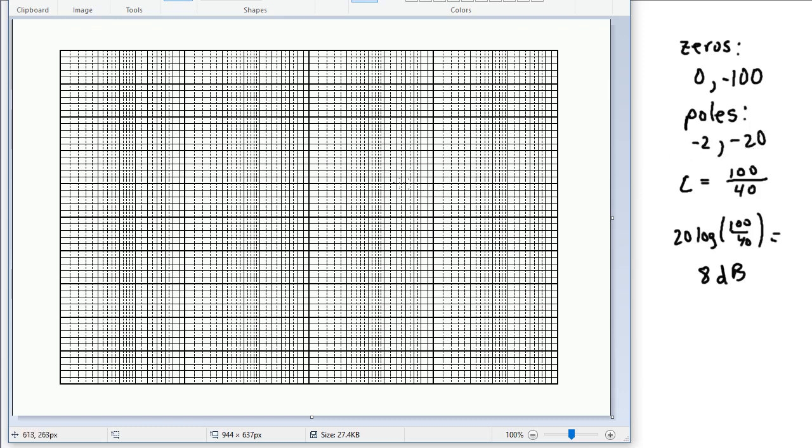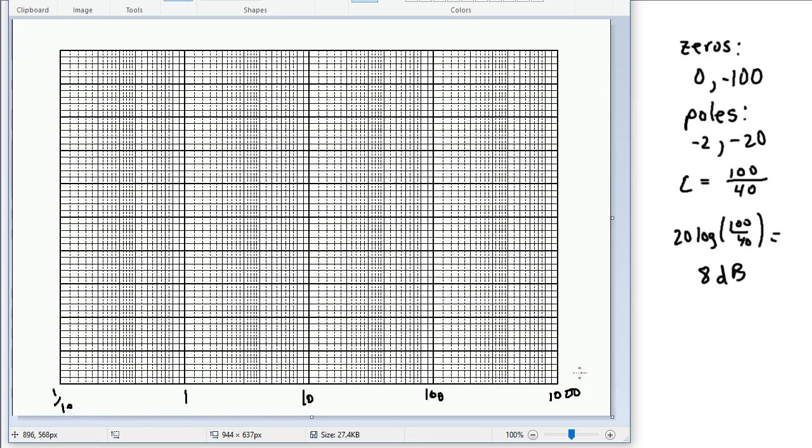100, so maybe a reasonable frequency here is to label this first one as 1, this would be 10, this would be then 100, this would be 1000, and then similarly this frequency would actually be 1/10.